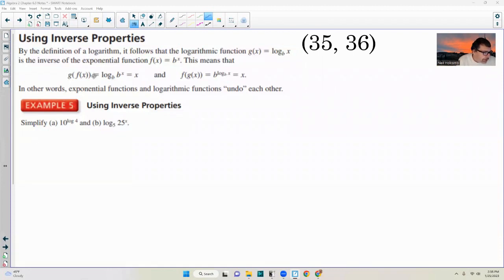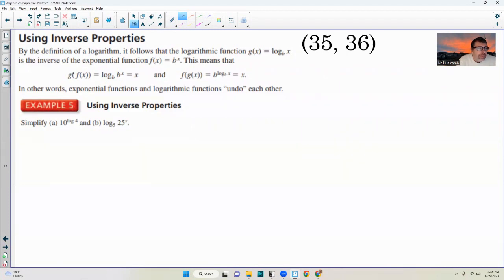Okay, now we're going to talk about inverse properties. By the definition of a logarithm, it follows that the logarithmic function g of x equals log base b of x is the inverse of the exponential function f of x equals b to the x. We already knew that from earlier in this video.